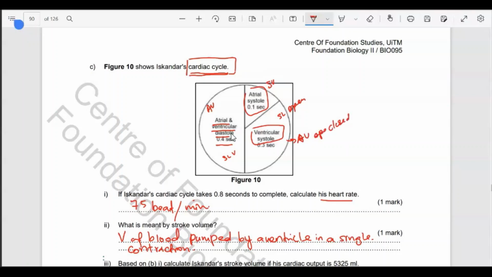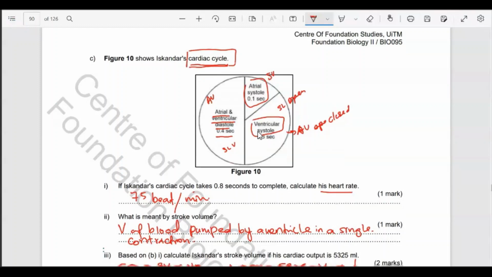Closed, so that when the ventricle contracts, the blood is not pushed back into the atrium, even though there is a valve. So the AV valve needs to be closed to make sure that when the ventricle contracts, the pressure is exerted on the blood, so that the blood is pumped out of the heart.